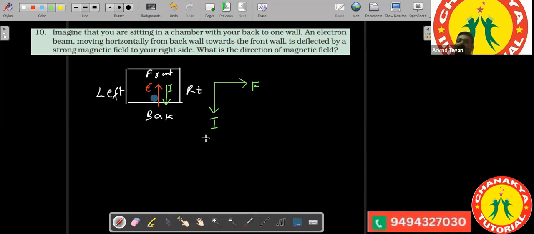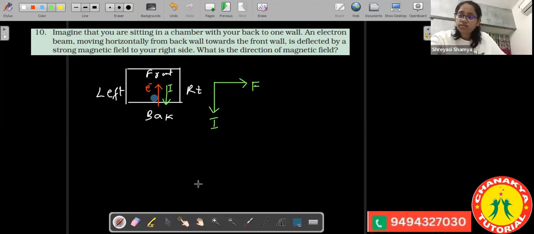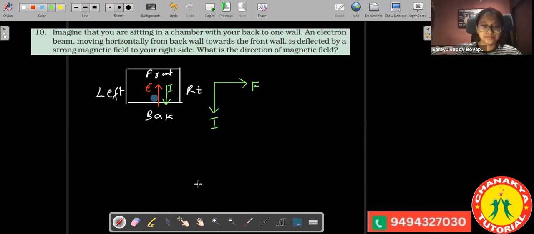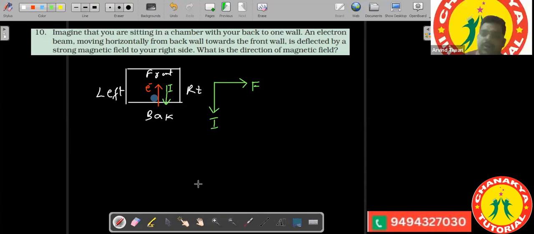So just check if you are able to arrange your fingers. Shreyasi, have you been able to arrange? Yes, sir. Sir, even I got it. Okay, so Manan also. Okay, Shreyasi, you understood this problem?